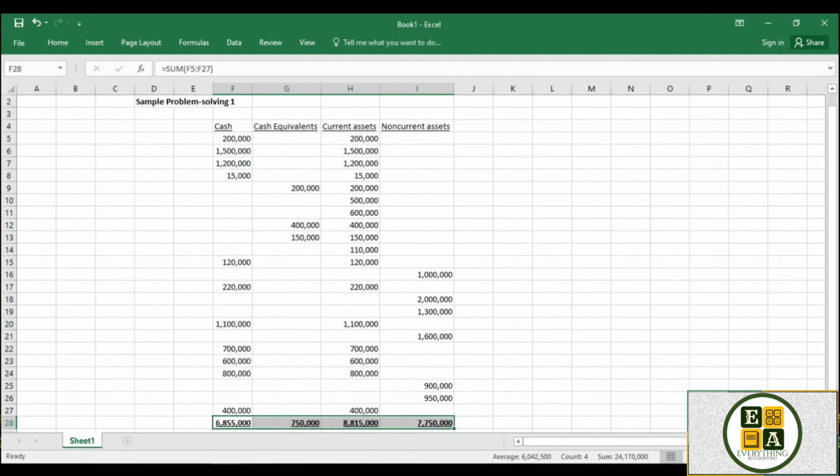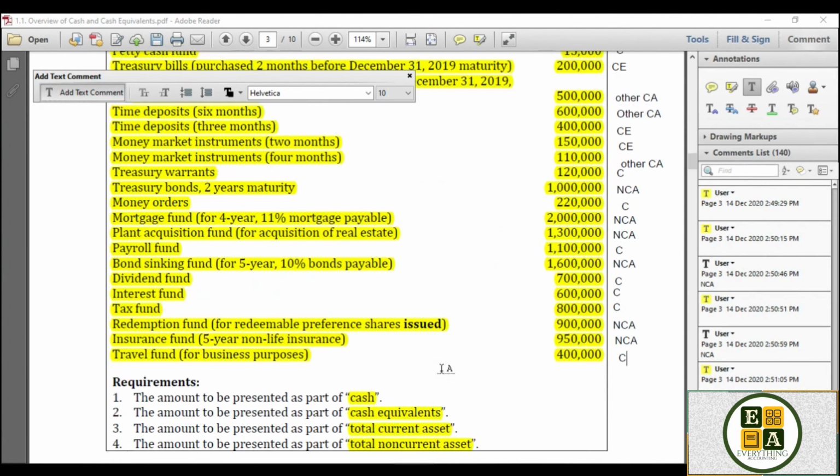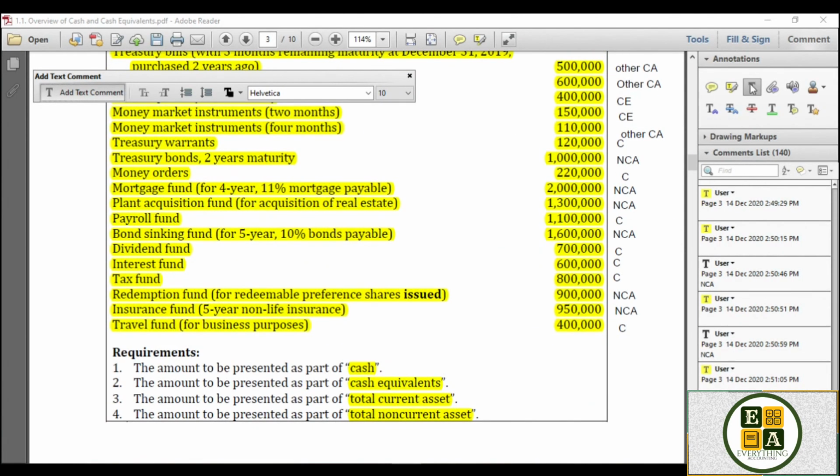Ayan. So, for our number 1, for item number 1, we have 6,855,000.